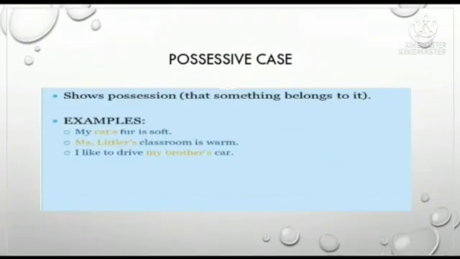The third kind is the possessive case. Possessive case is described as a noun or pronoun that denotes the possession or ownership of anything in a sentence. Or in other words, you can say a noun is used in the possessive case to show possession or ownership of something.